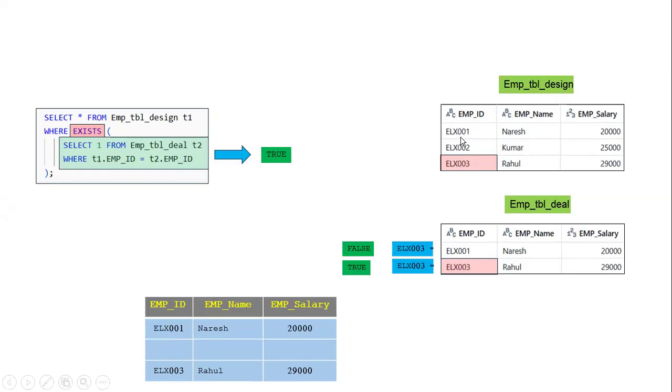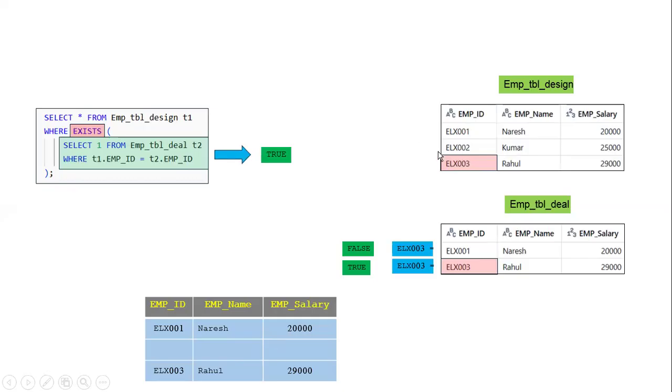In this example I have only 3 records. Suppose we have 10 records in the first table and 15 records in the second table. Then the first record of the first table will be compared with all 15 records of table 2. If any matching is there, it will print that record here. If there is no matching, it won't print.